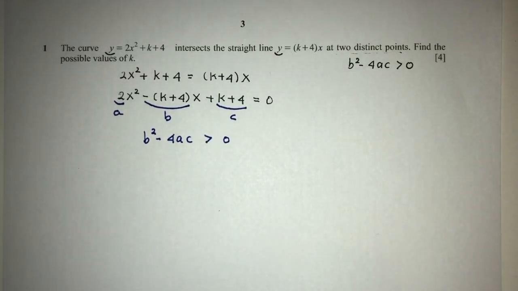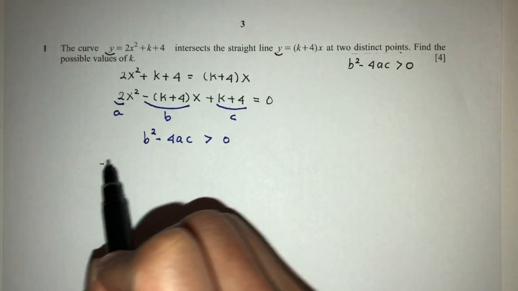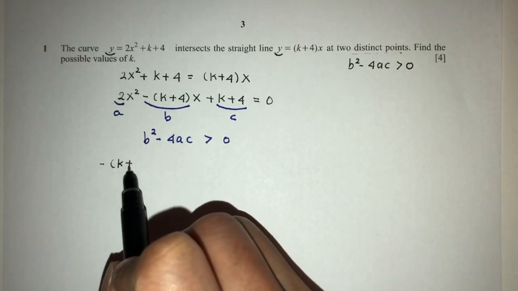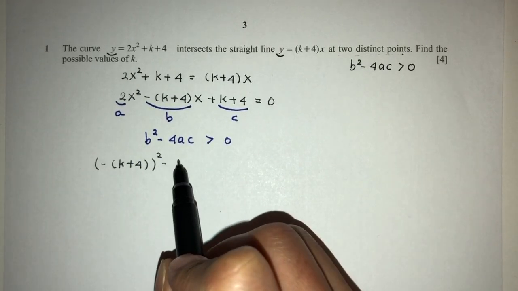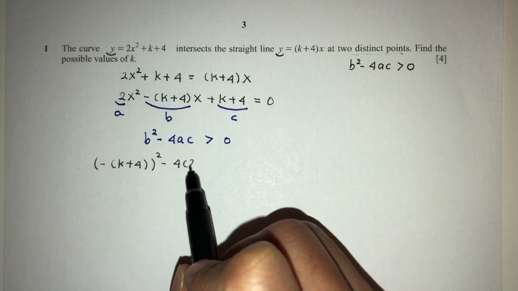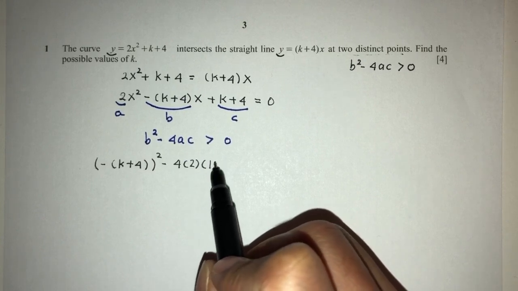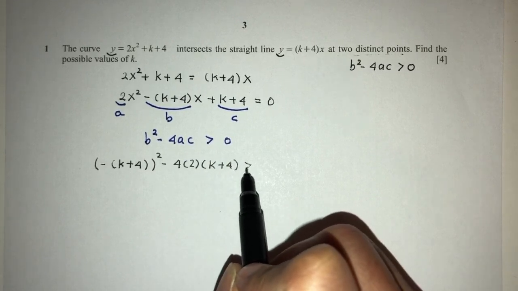So let's replace in the equation. b squared will be minus k plus 4 square, minus 4 times a will be 2, and times c will be k plus 4. It has to be more than 0.